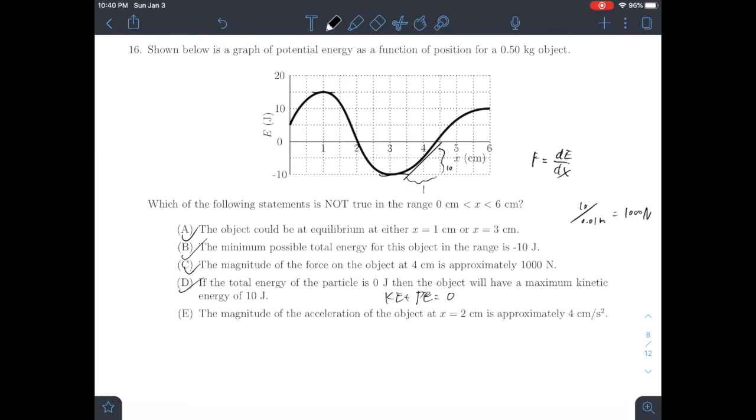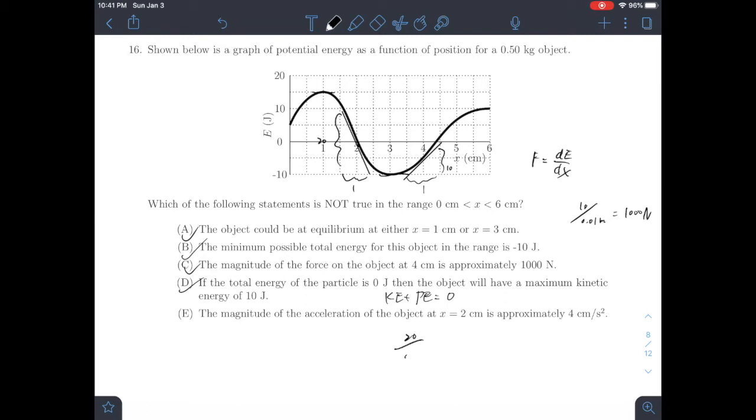E, the magnitude of acceleration of the object at x equal to 2 can be approximately 4 cm per second squared. We have the slope of the function, which is equal to the force. Let's calculate the slope, about this height divided by this length, which is about 1 length and 20 height.